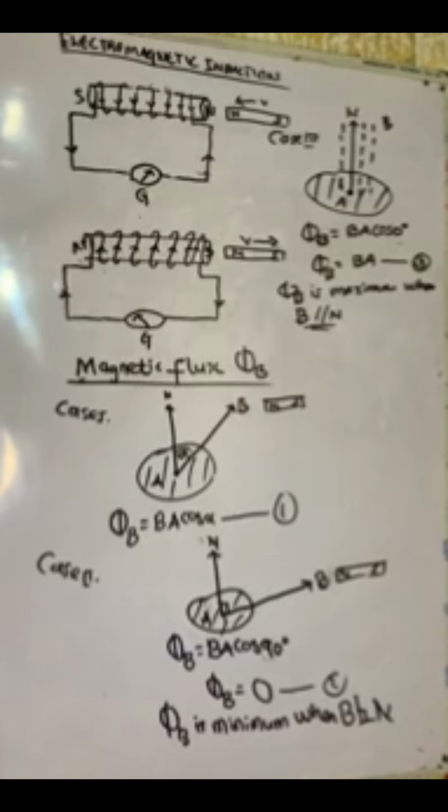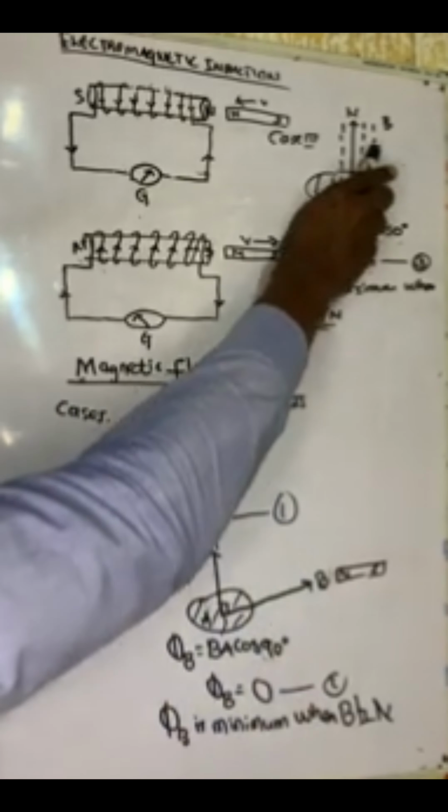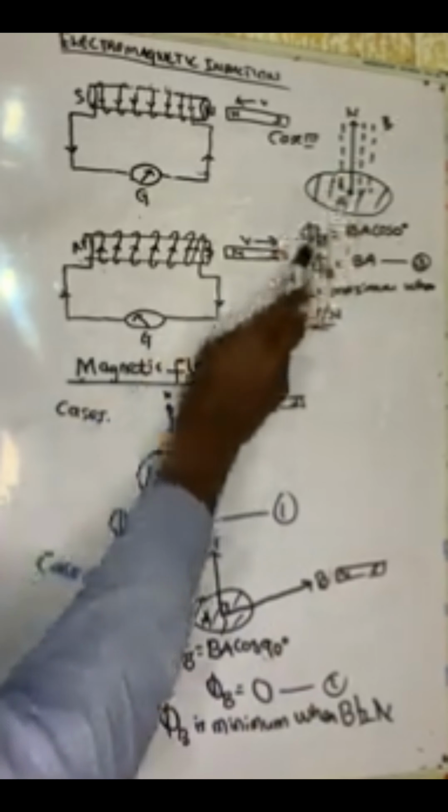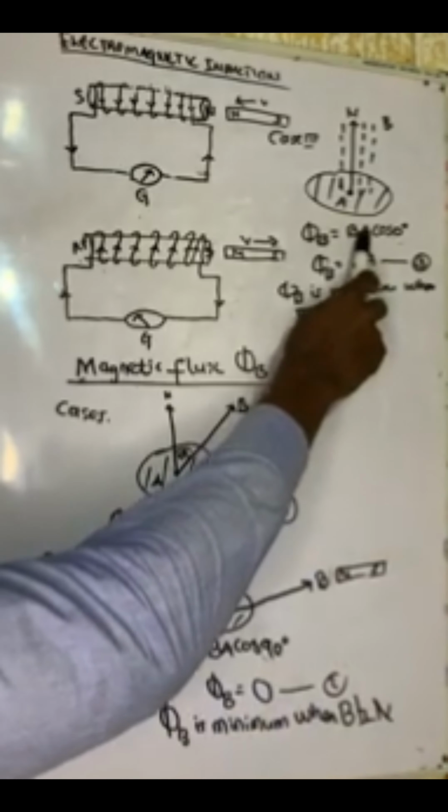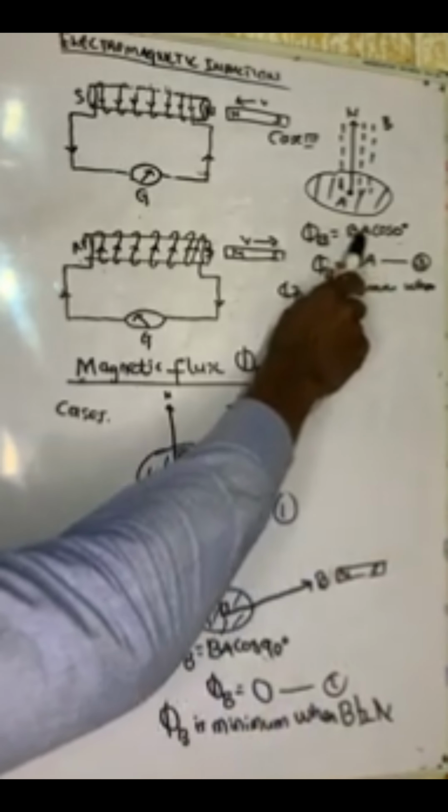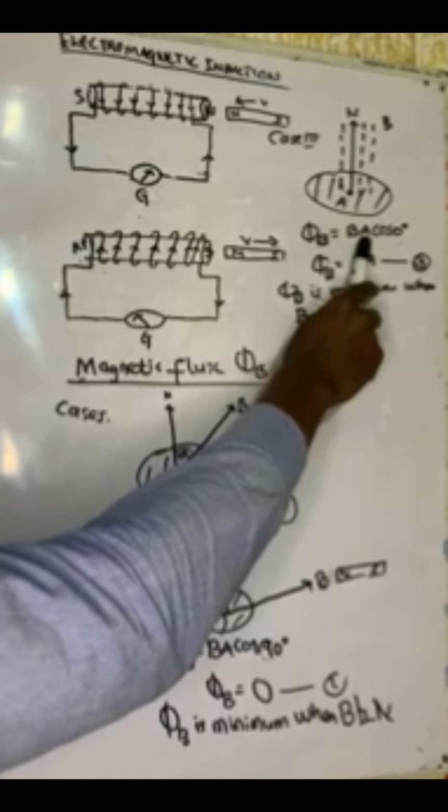Alright, so in an exam, when they ask you to state some of the factors that influence the magnitude of a magnetic flux, you would say the orientation of the magnetic field with respect to the area of the conductor. You would say the magnetic flux density or the magnetic field. You would also say the surface area of the conductor.